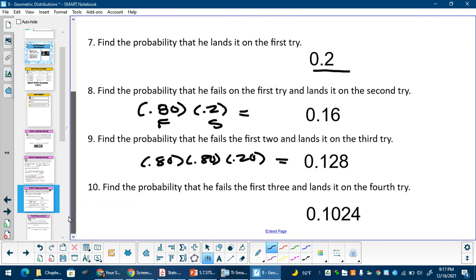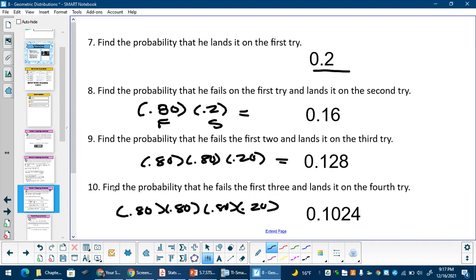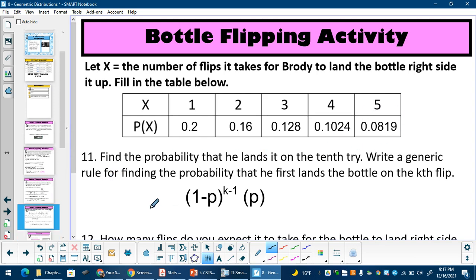Multiply those together. And again, each time we're just adding a failure probability until he reaches success on the last try. So go ahead and check the table. I just finished 5. It's the same thing. You should notice that we have K minus 1 fails and then 1 success.